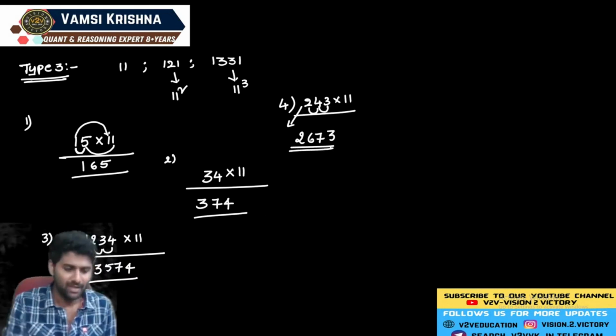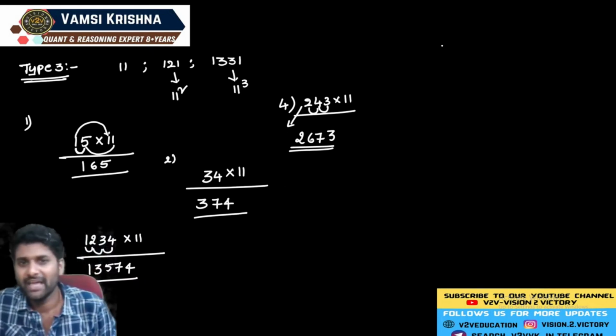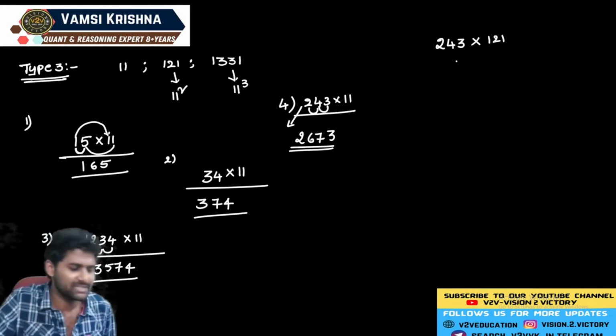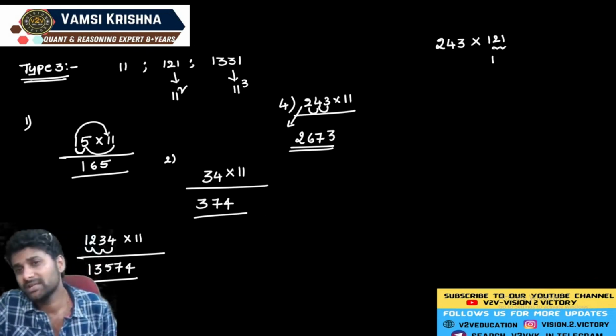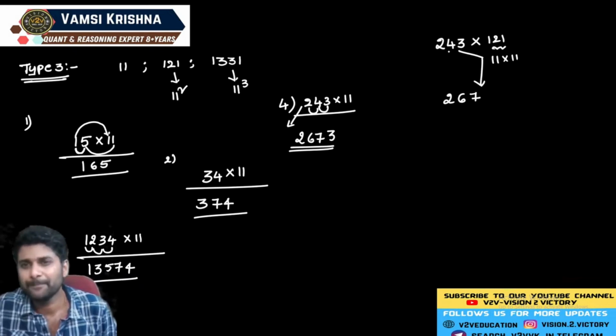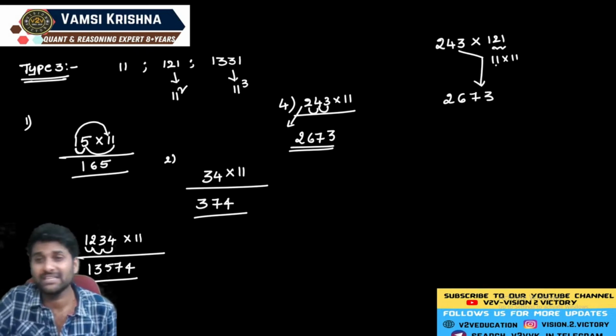Now let me tell you one more question. If 243 is multiplied by 121, what about the calculation part? You already know that 121 means 11 into 11, guys. 243 multiplied by 11 gives 2,673.